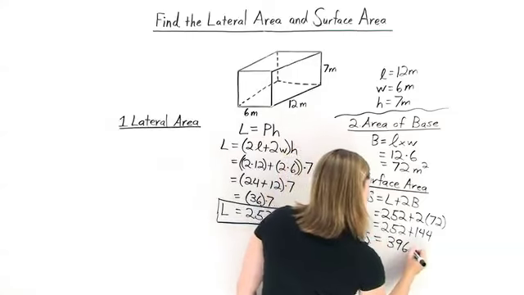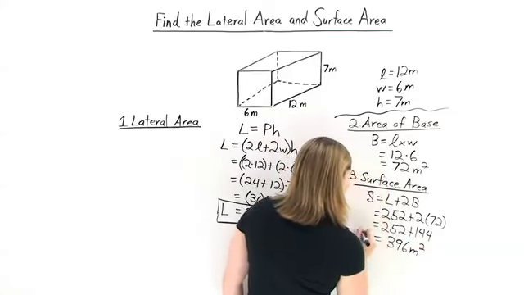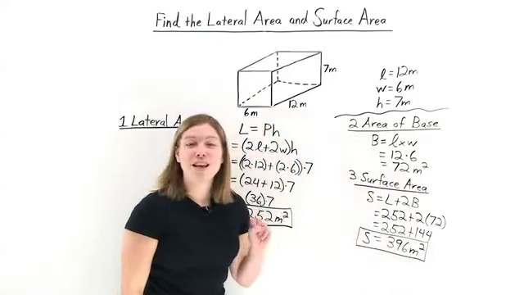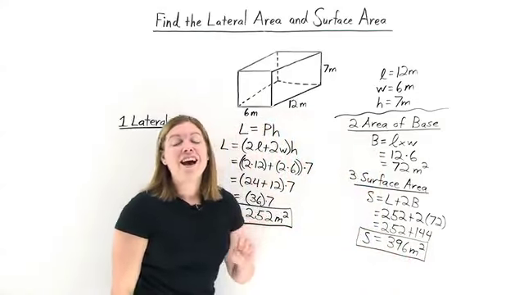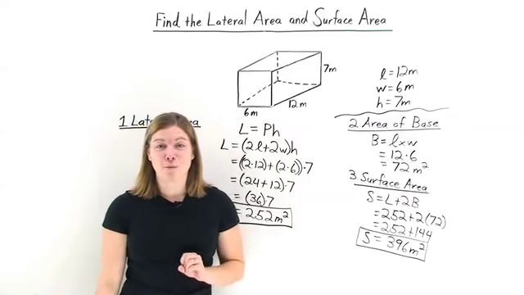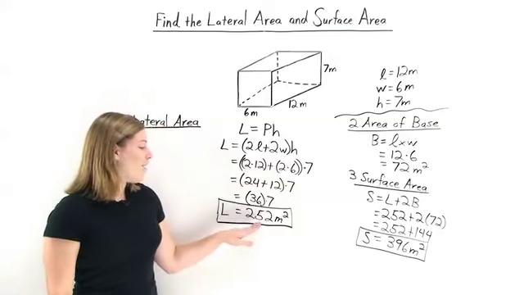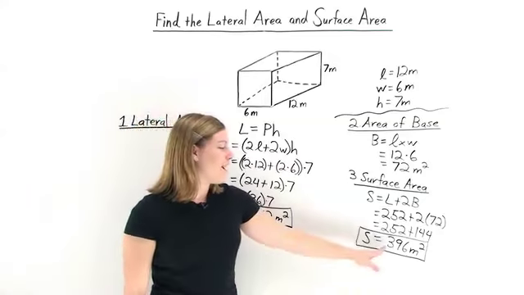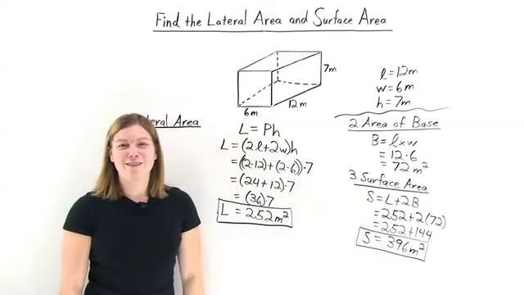So that is S. That is our surface area. And of course, we need to remember to put meters squared in our answer. Now we found the lateral area and surface area of this rectangular prism. The lateral area is 252 meters squared, and the surface area is 396 meters squared.